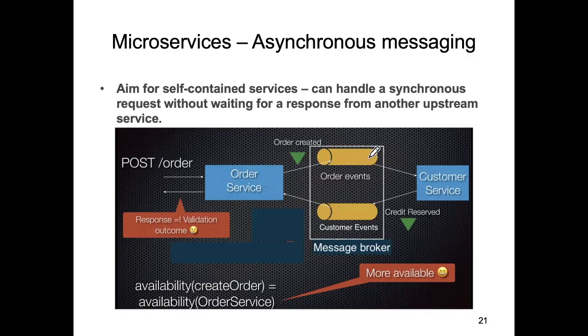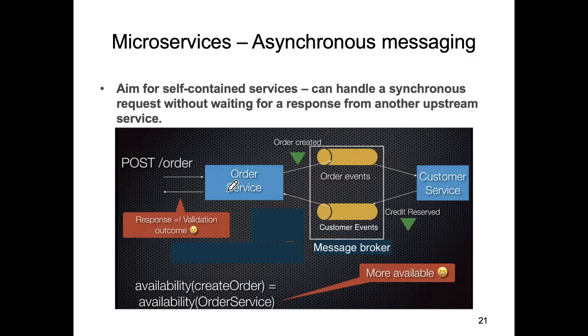Anytime a message arrives, maybe not on a one-to-one basis, there could be a group of them, it deals with the message in its own time. If it happens to be unavailable, the message is just going to remain in the queue until the customer service becomes available again, or it's back up and running again. Anyway, it processes the messages on that queue and puts its responses onto a separate message queue. And this message queue is being monitored by my order service.